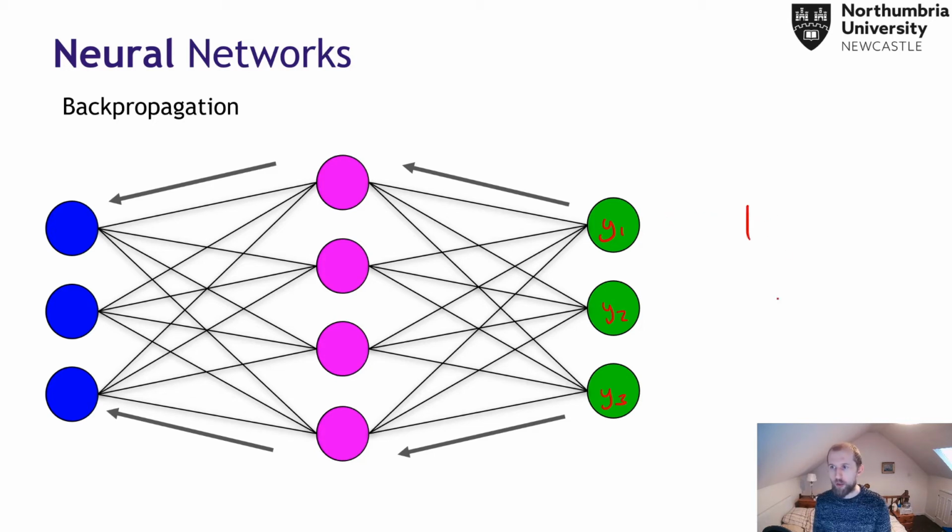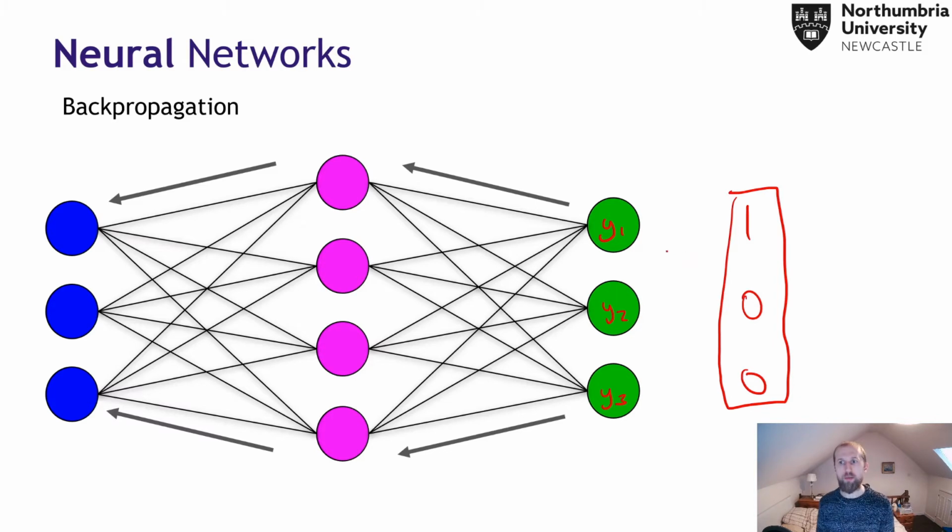So the result that we should get is 1, 0, 0. And we start off randomly and we get very lucky and we get a pretty good starting guess. So these weights that we start off with are pretty lucky. We get 0.5, 0.5, 0. So we're doing reasonably well already.